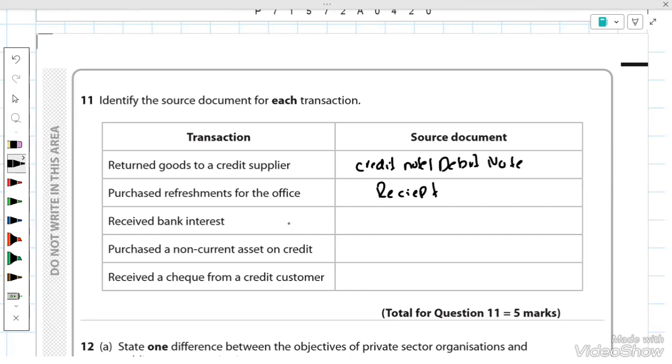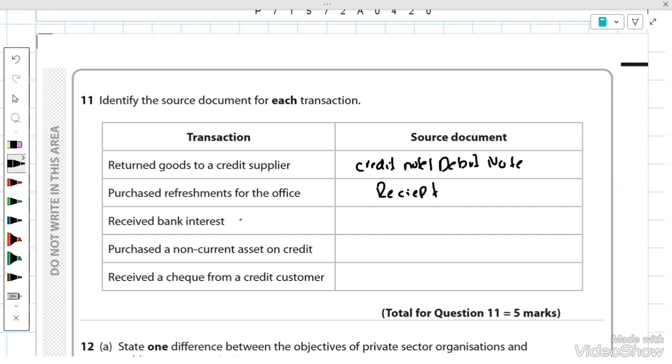Received bank interest. So we know that after 1 month, our bank will send us our bank statement, and in our bank statement, we will see what type of transactions there are, maybe how much amount we withdrew from our bank, how much amount was direct debited to our accounts, or what amounts we deposited in our bank.